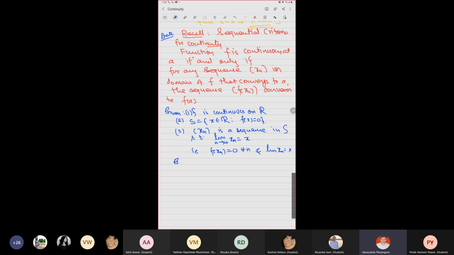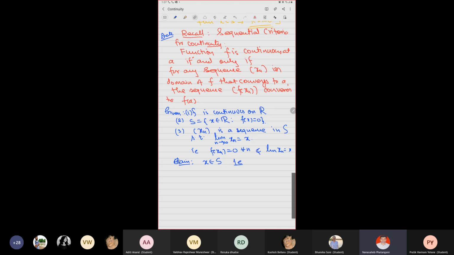And what is our claim? x is also in S. We don't know that yet. The sequence xn is a sequence of points in S, and it converges to some number x. The sequence may not converge in S, but xn converges to x. Now we want to prove that x is a member of S. That is what we want to prove.